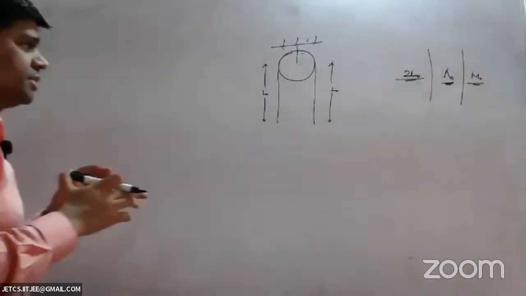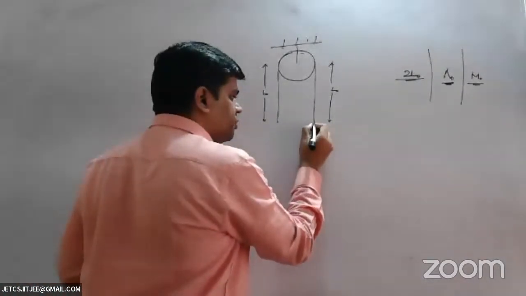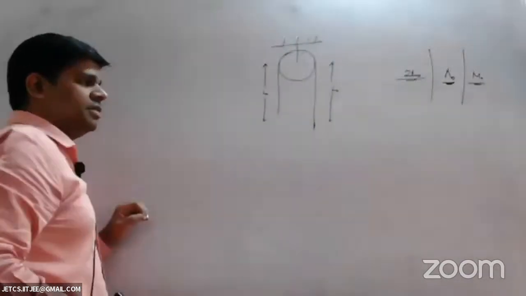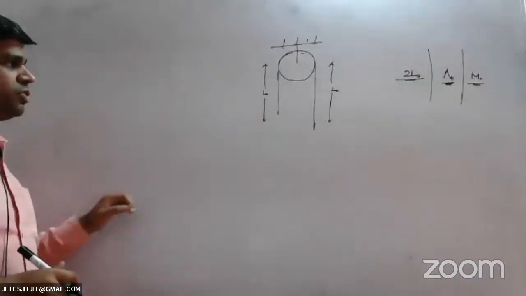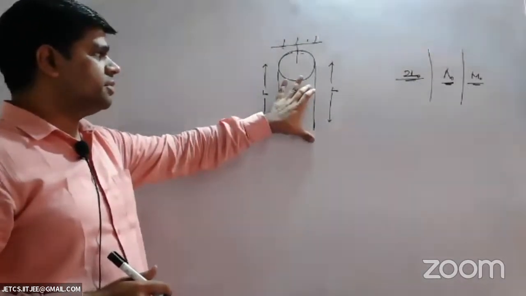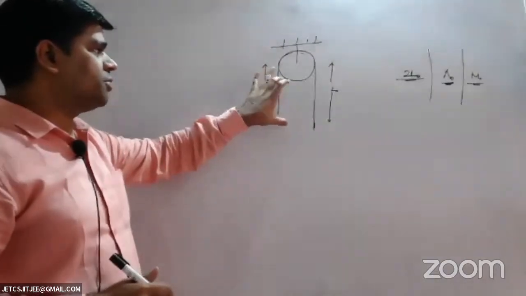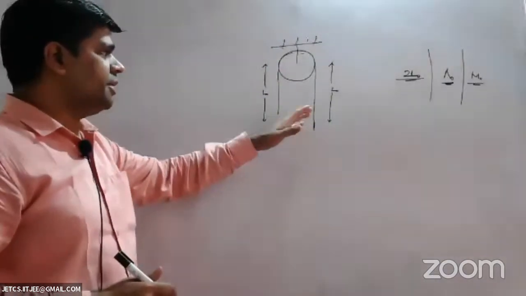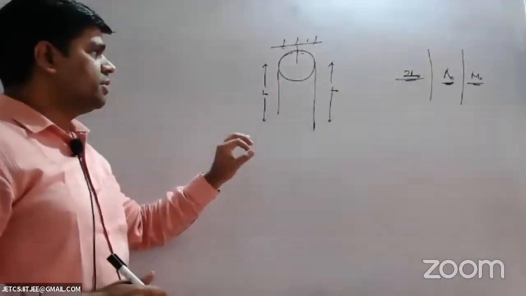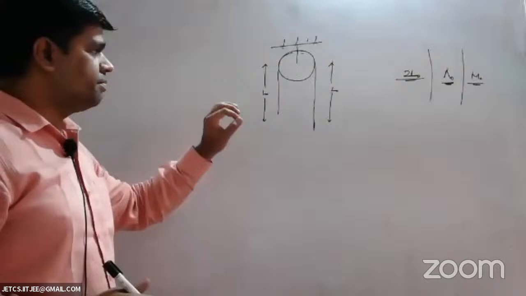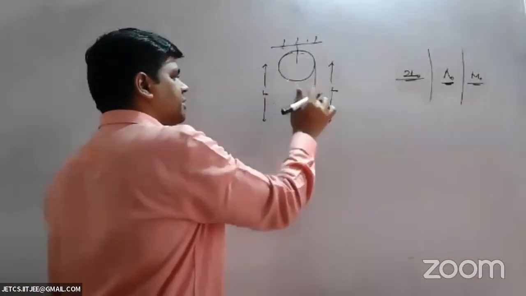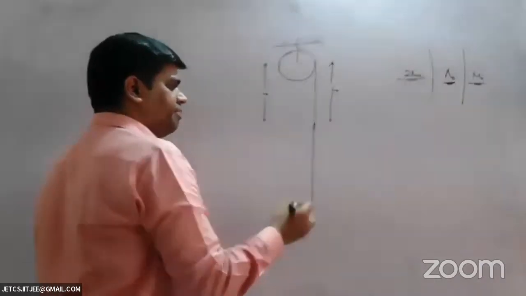Now the scenario is, I displace this a little, disturb the balance and release it. Because this side is longer, there is more mass over here and less mass over here, so it will start accelerating. This part comes down, this part goes up. The question is, what is the velocity of the rope when this whole rope comes to the right part?